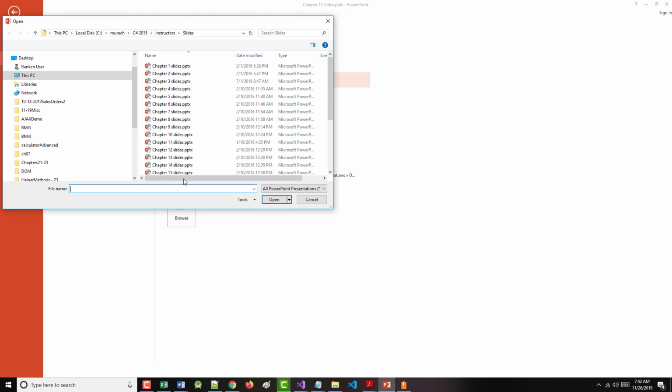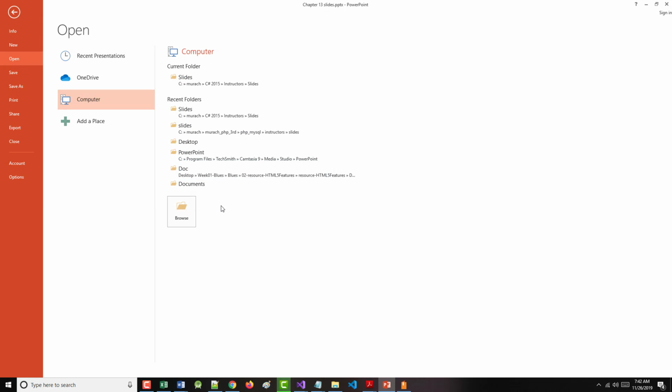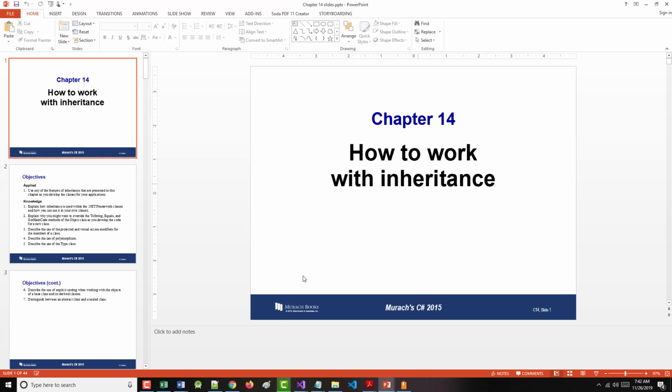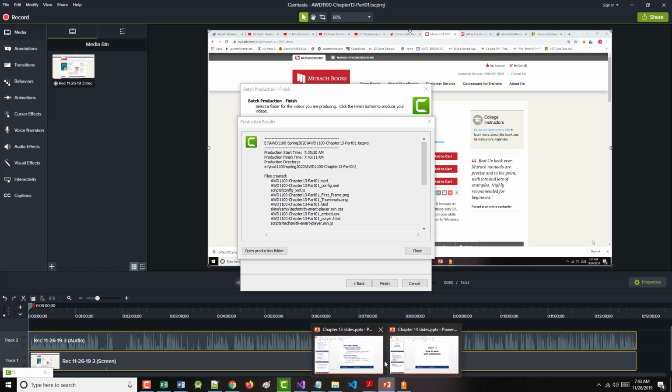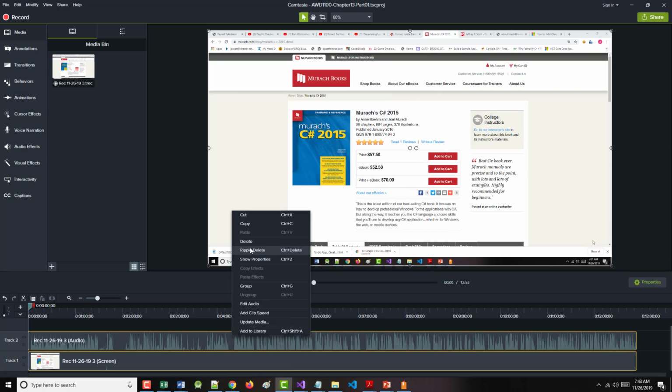I will plan on spending more time on Chapter 14, which is the next chapter. Chapter 14 is on inheritance. Inheritance, encapsulation, data hiding, polymorphism, etc. Those are some of the hallmarks of being able to use object-oriented programming.